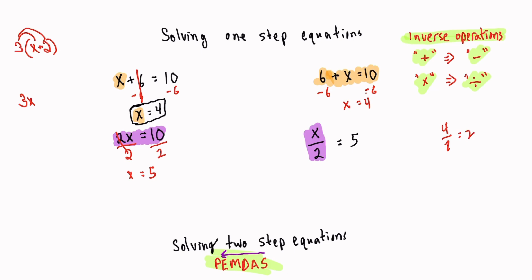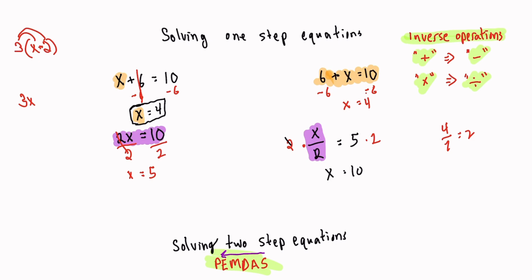The inverse of division is multiplication, so we're going to multiply both sides by 2 because x is being divided by 2. These cancel out. Now we have x, and 5 times 2 is 10.